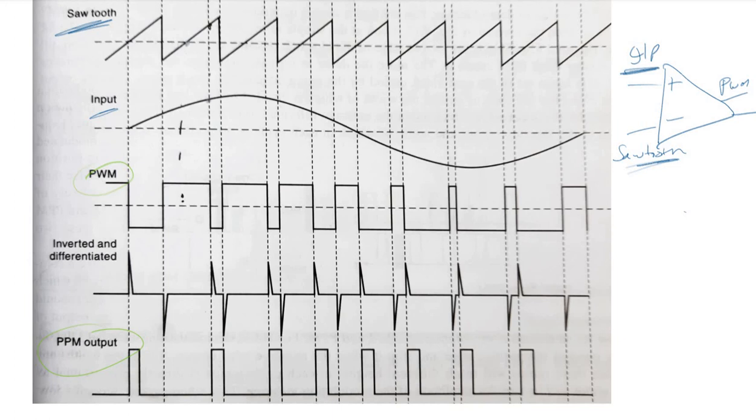So now if we analyze this waveform diagram, you can see that in this region, the sawtooth waveform has more value clearly as compared to the input signal. Therefore, if sawtooth is more as compared to input, the resultant will be minus V. So you can see minus V in the output, right?